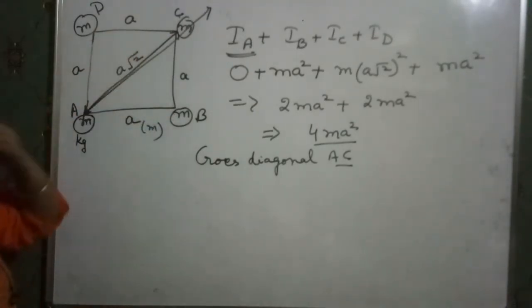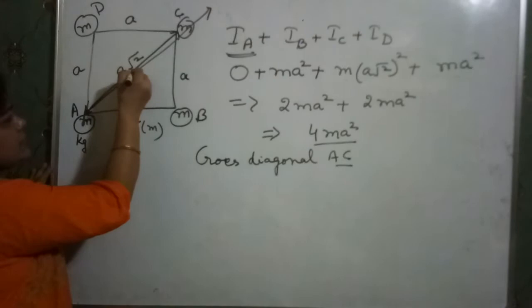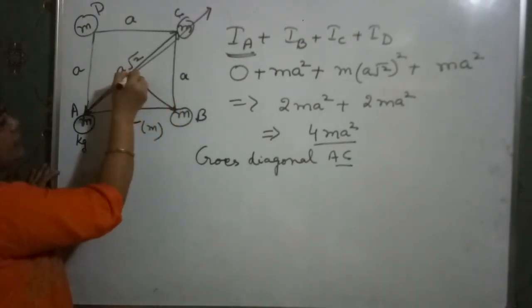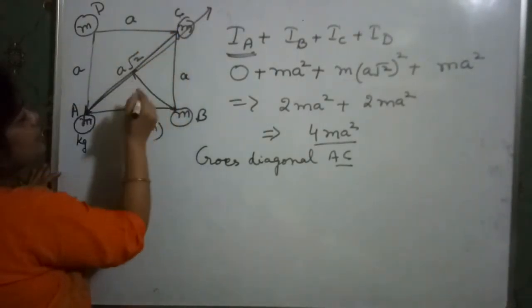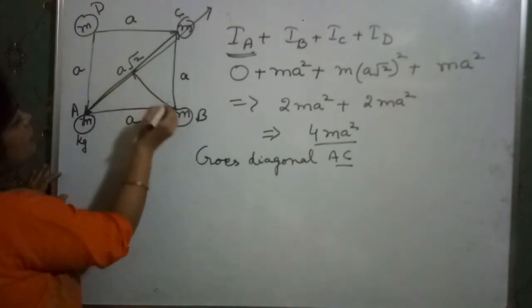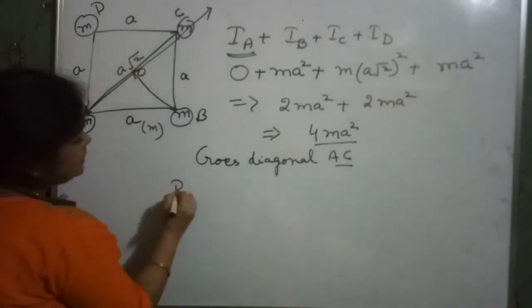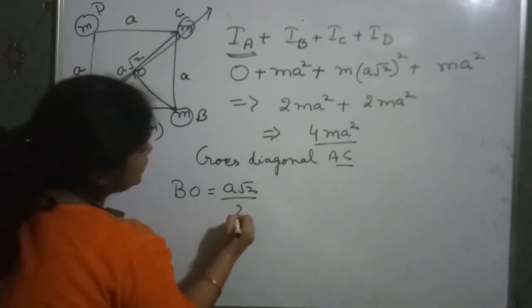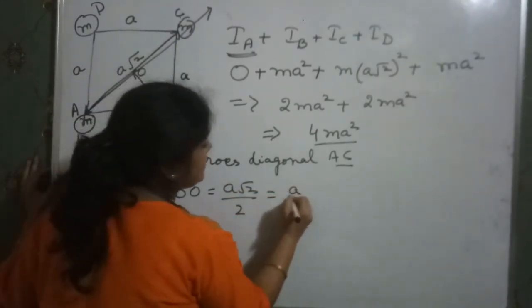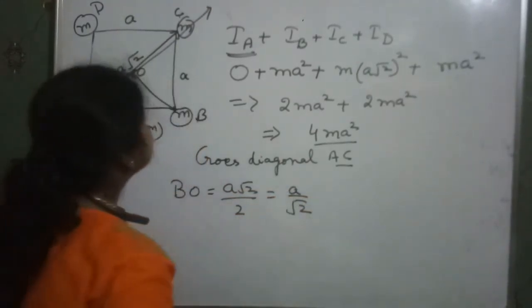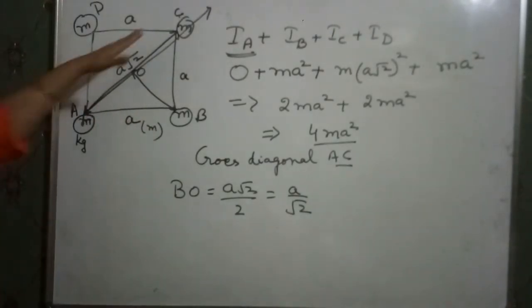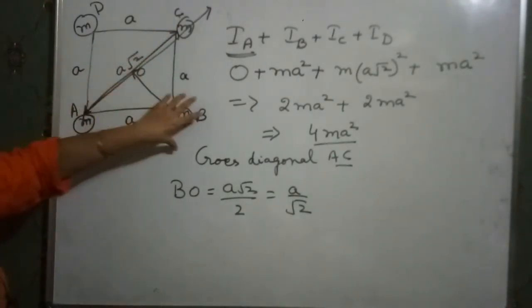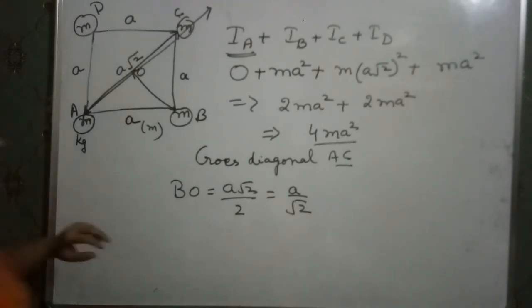When we take the diagonal, the distance from the axis of rotation is what? This is a by root 2. So what is the distance from B to O? The distance from B to O is a by root 2. Clear? So when we take the diagonal, we just take the points IB and ID.